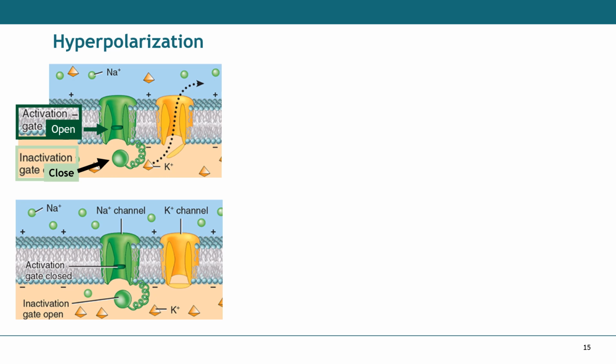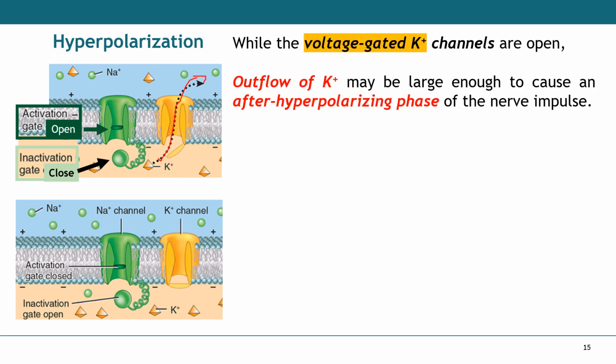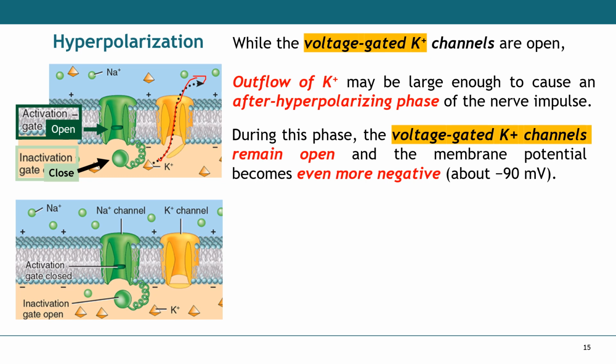So at that point, in the beginning, you still have this channel open. So what happened? You are still losing a lot of potassium, and it goes beyond the minus 70, it can go even more negative, at about minus 90.